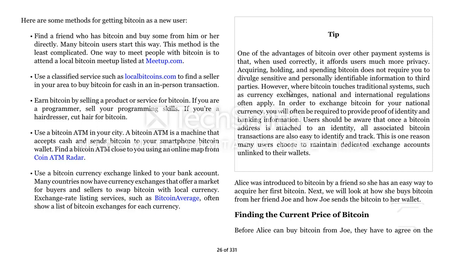In order to exchange Bitcoin for your national currency, you will often be required to provide proof of identity and banking information. Users should be aware that once a Bitcoin address is attached to an identity, all associated Bitcoin transactions are also easy to identify and track. This is one reason many users choose to maintain dedicated exchange accounts unlinked to their wallets.